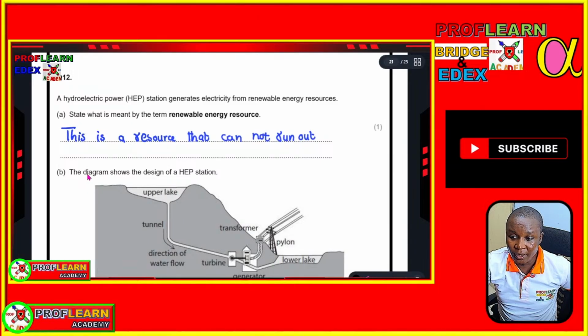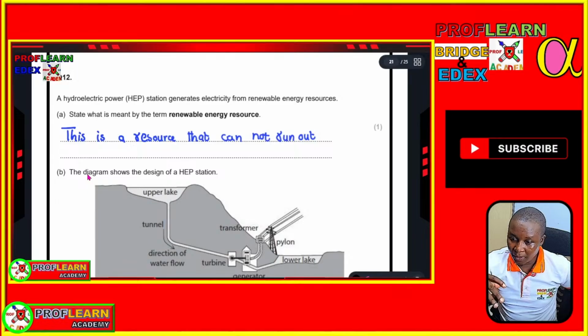But renewable ones can never run out. Can you ever finish the energy from the sun? Wind, you will be able to use it forever. Advantages of renewable energy resources: they don't produce greenhouse gases, they don't contribute to global warming, they don't contribute to acid rain, and so on.